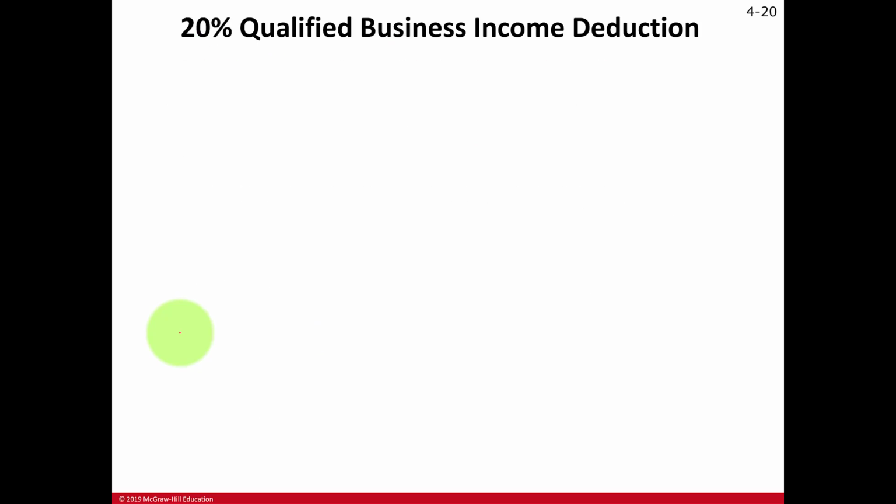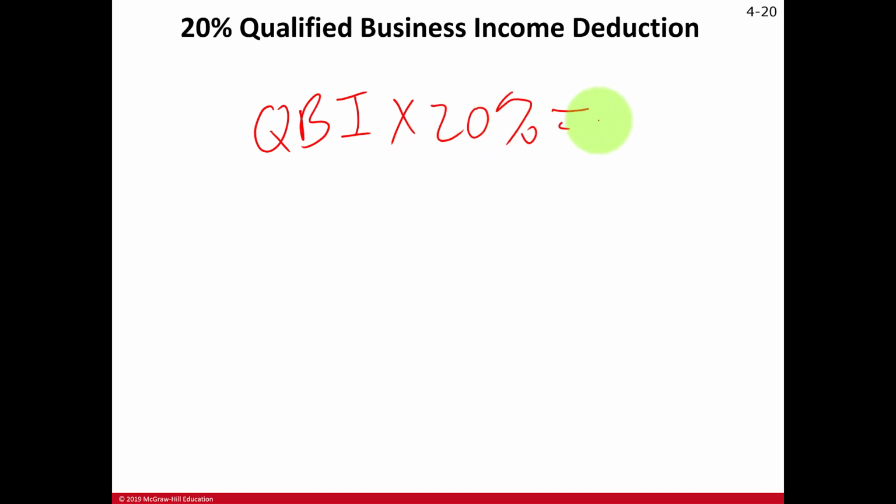Again, you look at your business income, qualified business income. In the case of the Schedule C sole proprietorship, we learned back in Chapter 1, this would be just the net profit coming off of that Schedule C. Then we multiply this by a flat 20% rate to get the tentative deduction. But this deduction can be limited based upon the taxpayer's taxable income.